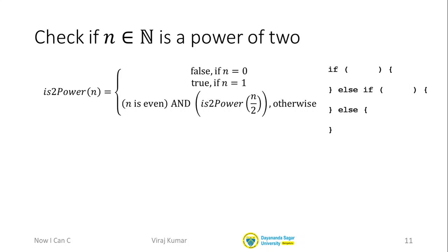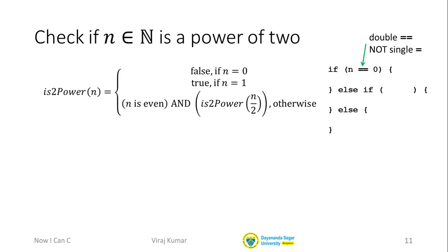We also need to talk about how we check if n is 0 or not. It seems like a very simple thing, but it turns out we have to be very careful in checking if a value is equal to another value, because in C we have to use a double equal to, not a single equal to.